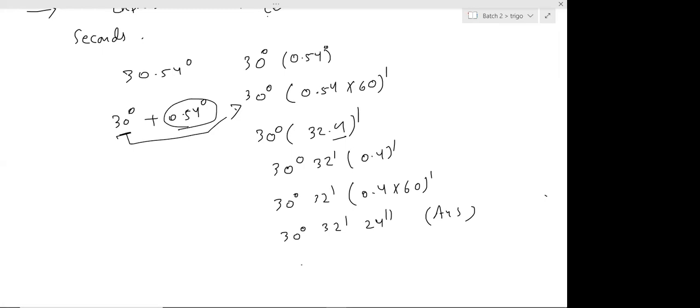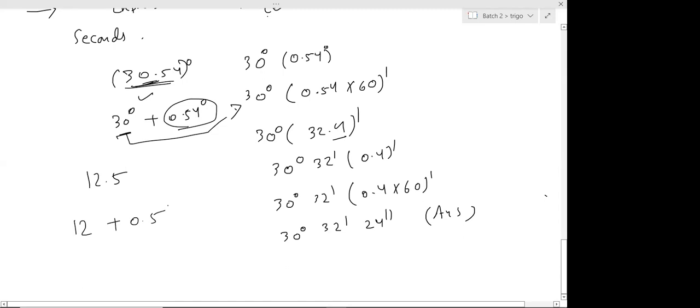Just see this as a number. This number I can divide into two parts, 30 plus 0.54. If you have 12.5, you can write this as 12 plus 0.5. Same thing here. All right, Rahman? Yes, sir. Okay, note it down, everyone.